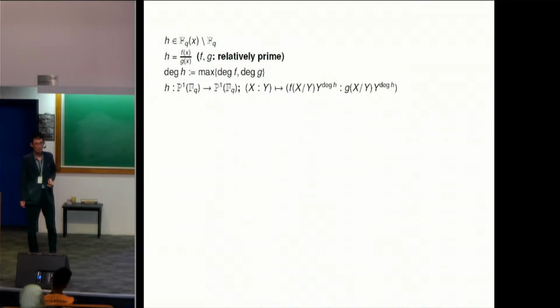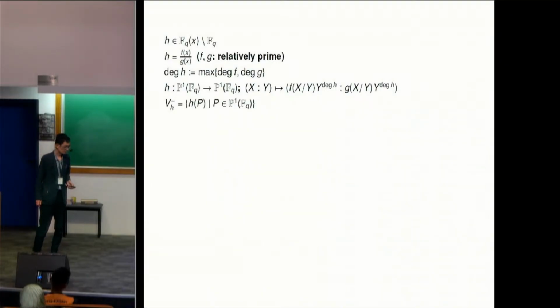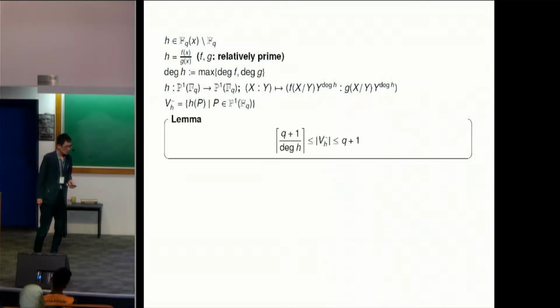We have a map from P1 to itself, homogenizing f and g. The value set of H is denoted by VH tilde in this talk. Similarly to the case of polynomials, we have the following lemma. The size is lower bounded and upper bounded by these numbers.